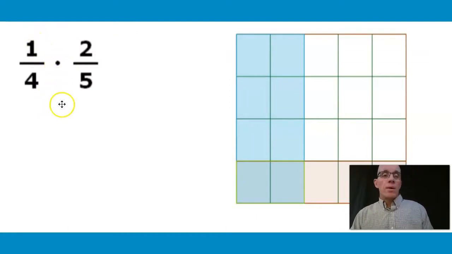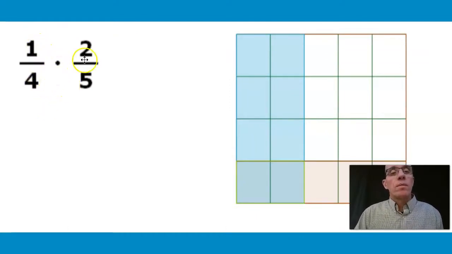So here's another model. So 1/4 times 2/5. So 1/4 of 2/5. If you look at the model here, the blue is representing 2/5 of this whole block. So you see two columns here that are blue, right? And that's 2/5 of one whole block. But now I only want 1/4 of that.